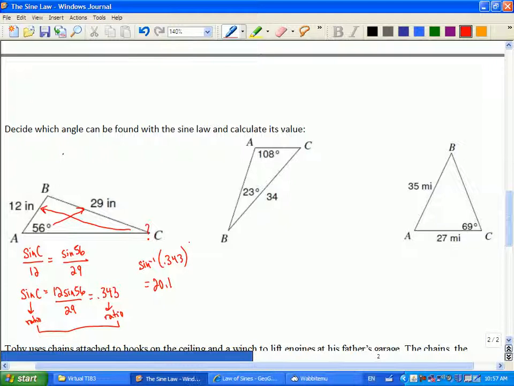All right, so here's the pairs. This angle is straight across from this side. This angle is across from this side, side B. My missing thing is a side. So because I'm missing a side, I'm going to leave the sides on top of the fraction.